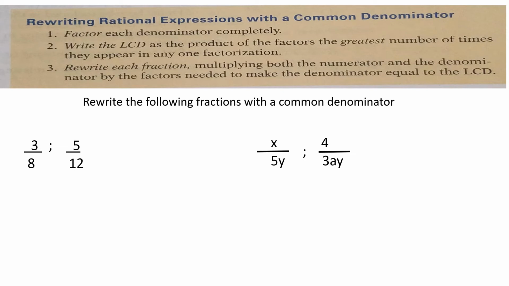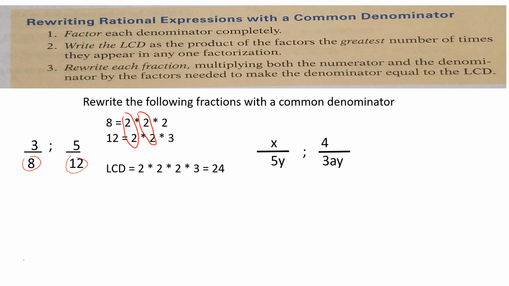So I'm going to look at 8 and 12, and I'm going to do the prime factorization. 8 is 2 times 2 times 2, and 12 is 2 times 2 times 3. So we have the factors of 2 and 3. The greatest number of 2's here is 3, so you're going to use this 3 times. That's one way that you could look at it. And then, of course, you have the 3.